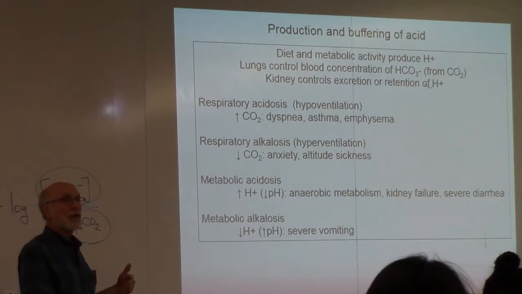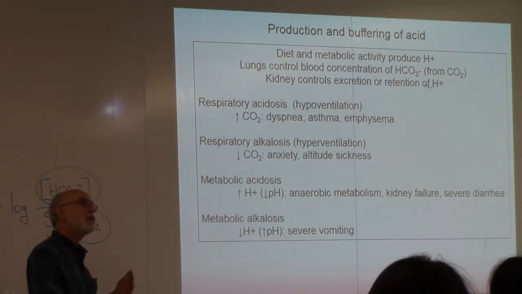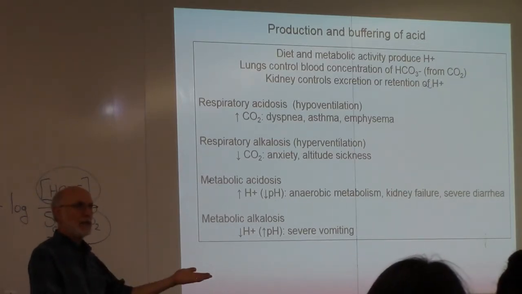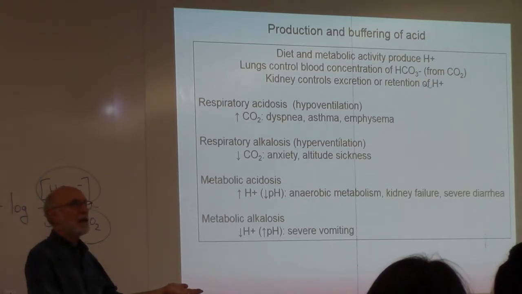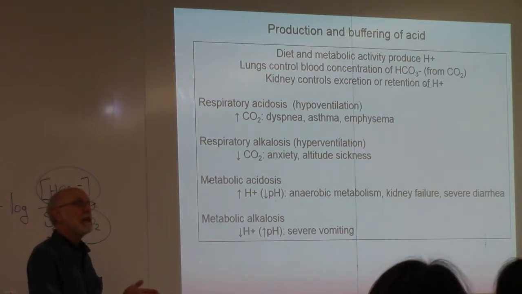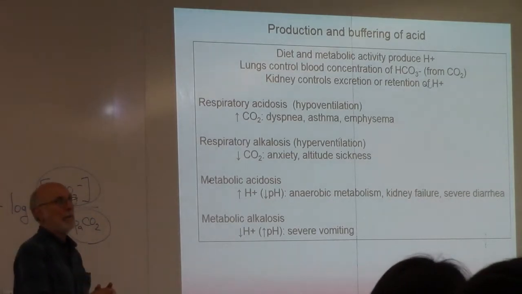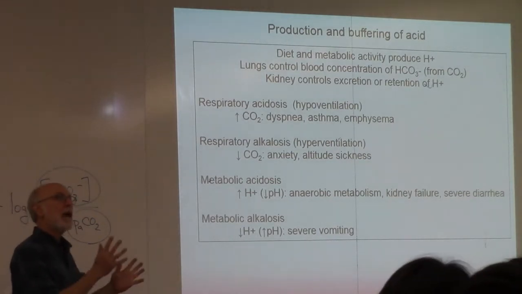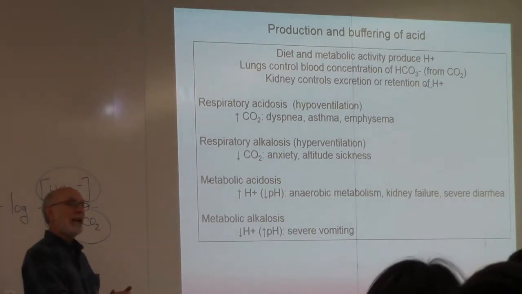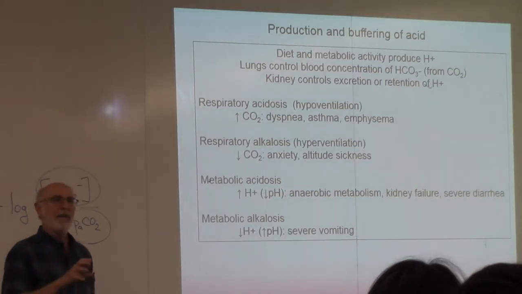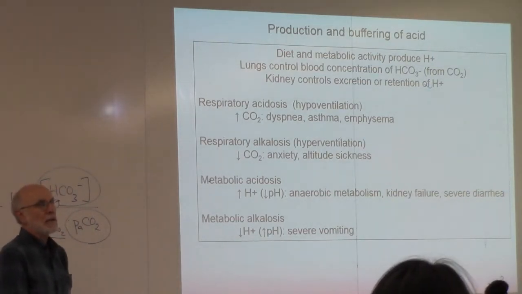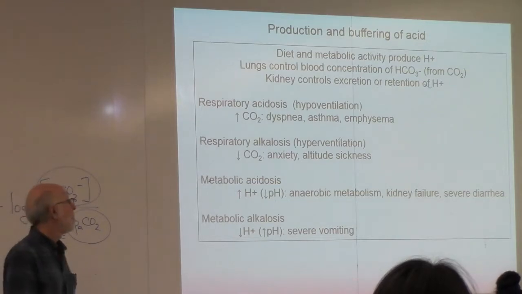Your kidneys don't control CO2, but they control acid excretion, or acid retention. So by controlling bicarbonate excretion and acid excretion, they participate in this control of pH. The respiratory system and the renal system have the biggest knobs, but the digestive system and the muscle system also have some control.